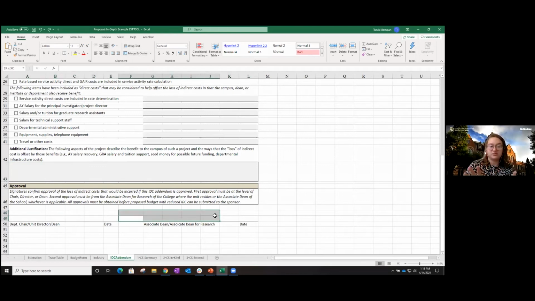Right now we have 2 spots. We have our chair or director, and then we have that ADR. Again, the ADR signature is not yet required, but it will be moving forward. At this point, you can just put NA on that line and send it to the chair for signature, and then you are set on reduced IDC projects.